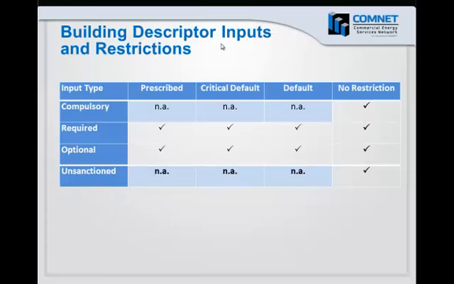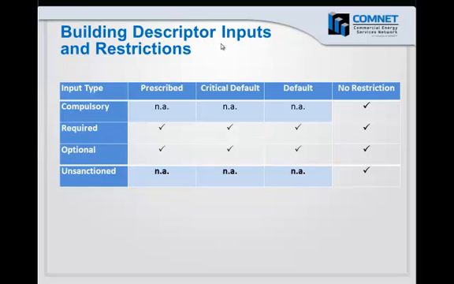The COMNET building descriptors we're going to cover in subsequent seminars in great detail, but they're organized in 4 categories. There's compulsory building descriptors. What this means is that you must always specify the building descriptor.